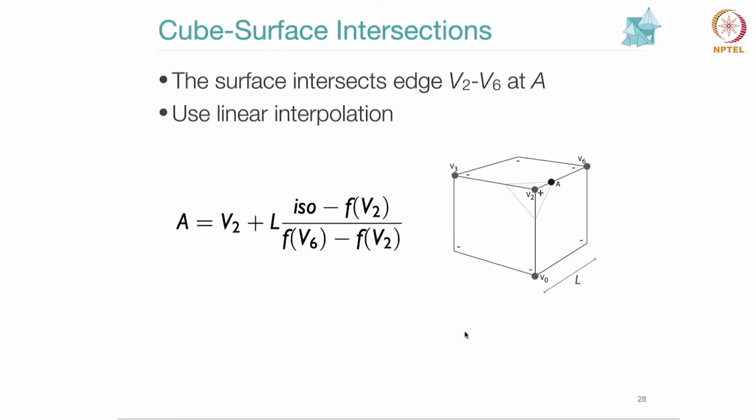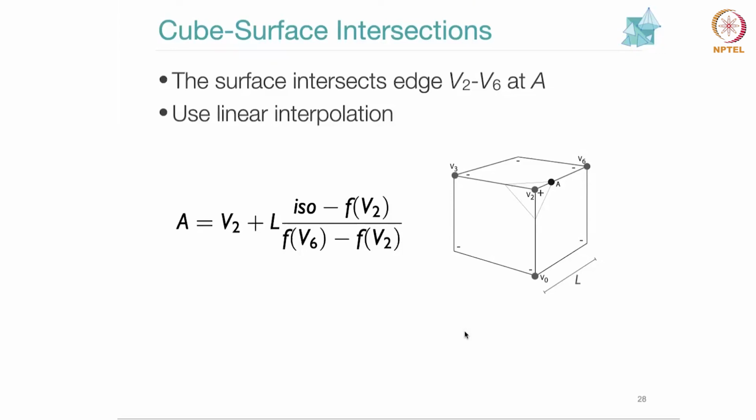So for example, in this case, the edge that has V2 and V6 as the values, you want to find out where exactly 0 was. So V2 is some positive value, V6 is some negative value. So this is equivalent to performing a linear interpolation. Because you don't know what the underlying function was, it could have been any implicit function.